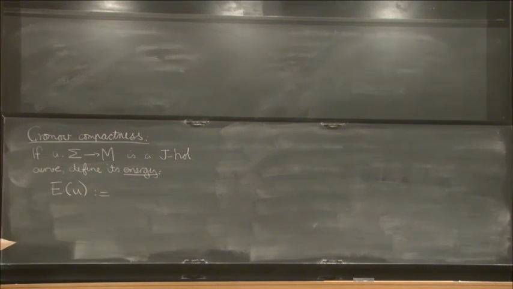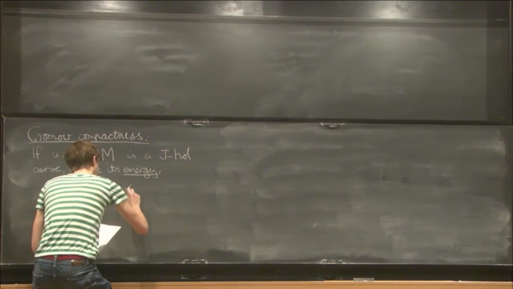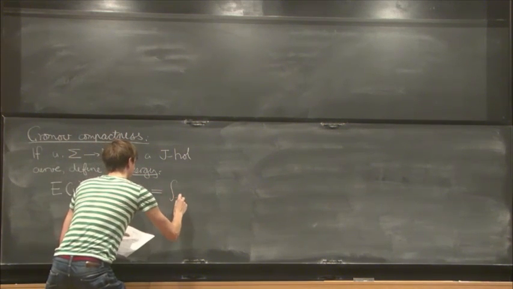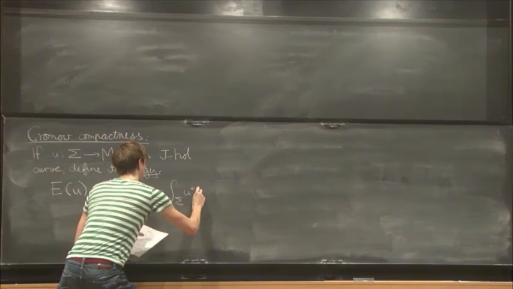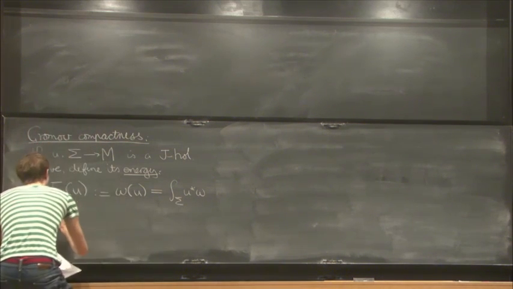If we've got a J-holomorphic curve, define its energy to be its symplectic area, which is equal to the integral of the pullback of the symplectic form over this curve.